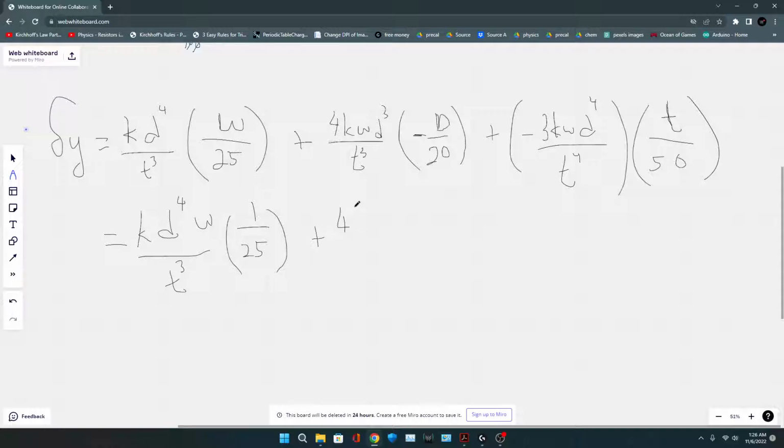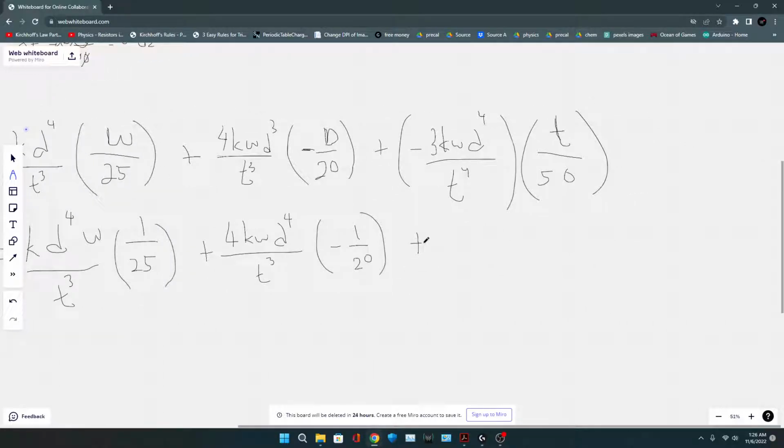So 4KW D, KD cube, kalau darab dengan lagi satu D dapat D kuasa 4 bagi dengan T cube. Okay, dan kita akan dapat negative 1 over 20.